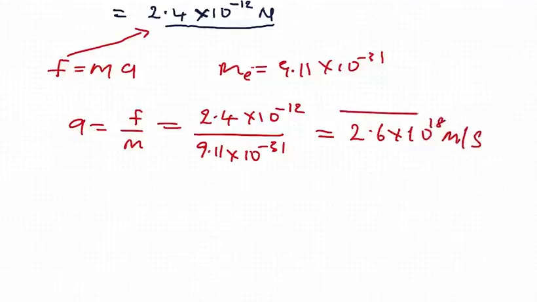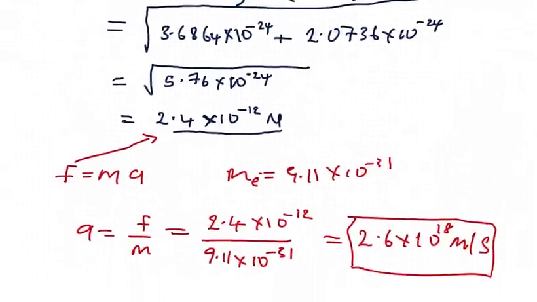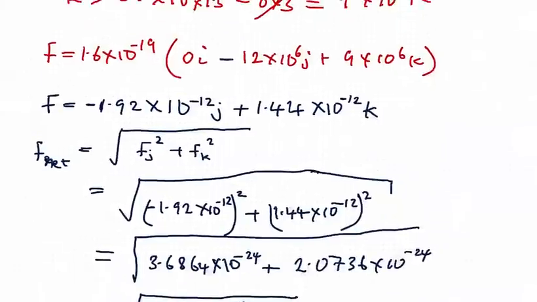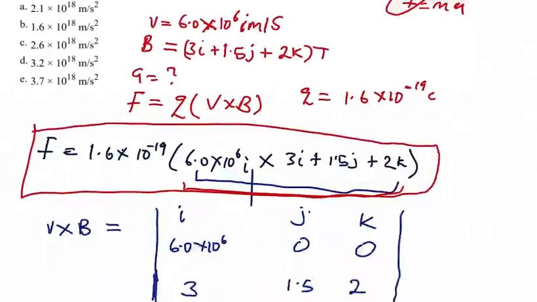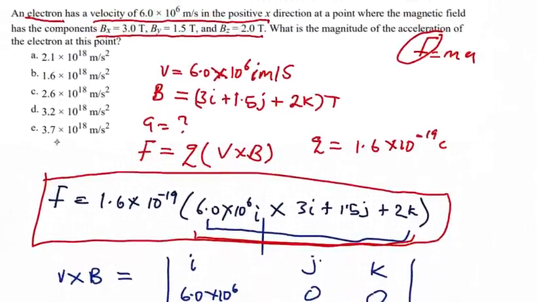So this is the final answer. Let's go back to the options and see if our solution is correct. Going back to the options, we can affirm that option C, which is 2.6 times 10 power 18, is the right answer.